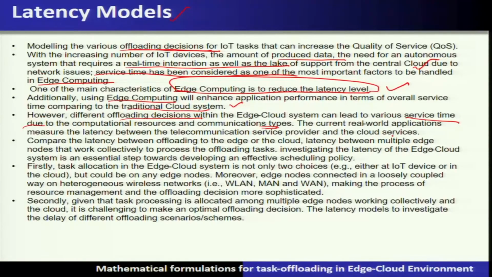The current world applications measure the latency between the telecommunication service provider and the cloud provider. The cloud provider provides the computation, and the telecom service provider provides communication. These two latencies are going to be important factors in modeling latency in the scenario.